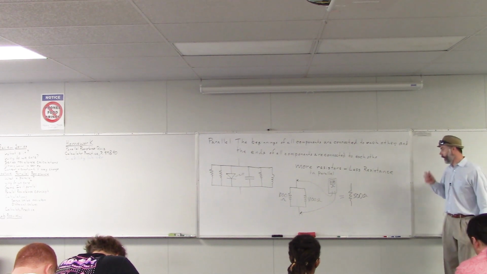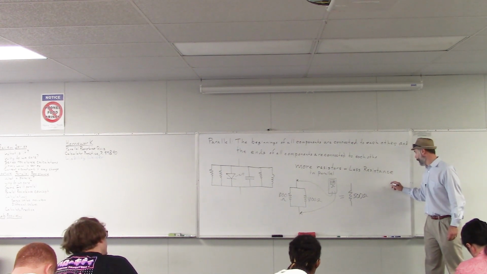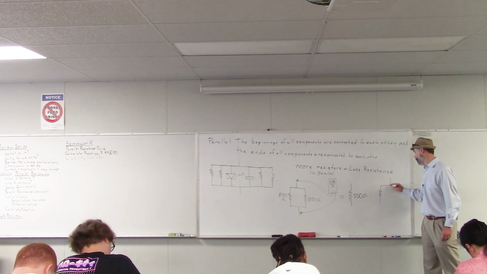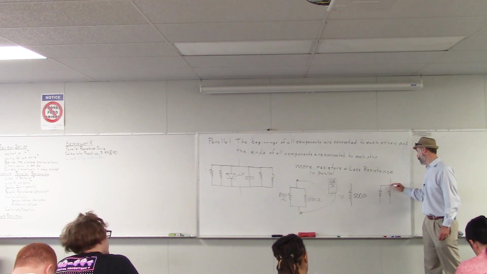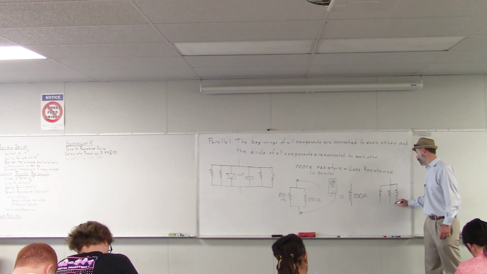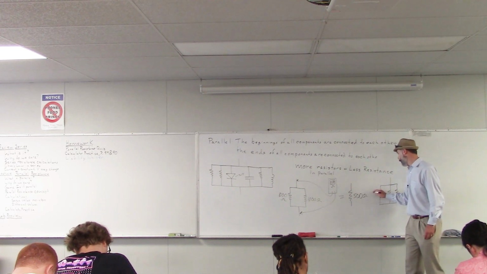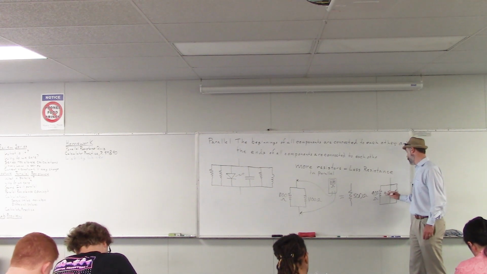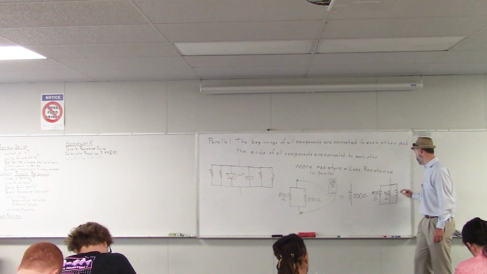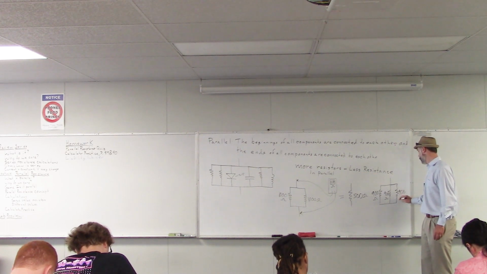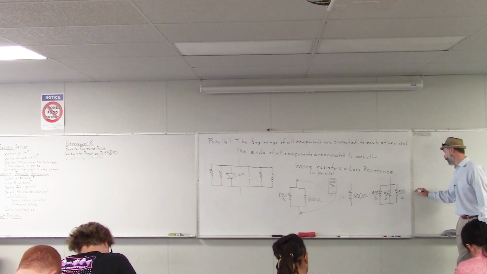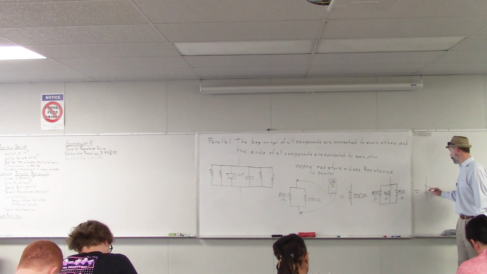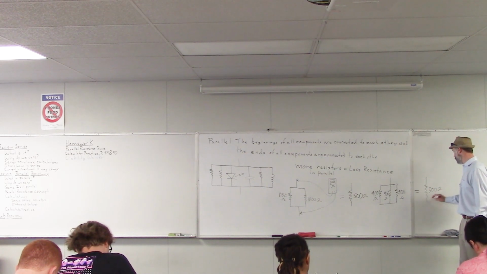If you had 3 resistors in parallel, and each one of them, say, was 900 ohms, that would have an equivalent resistance of 300 ohms.